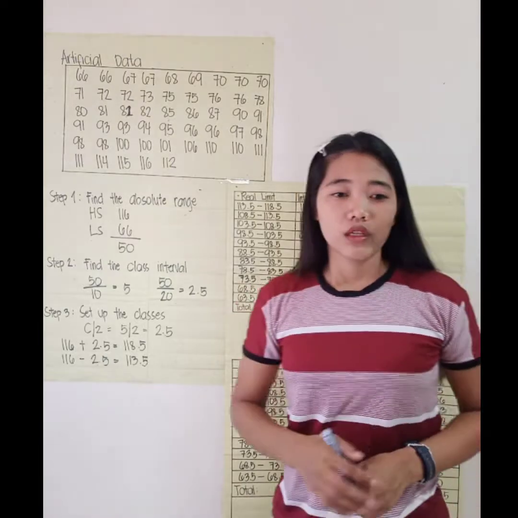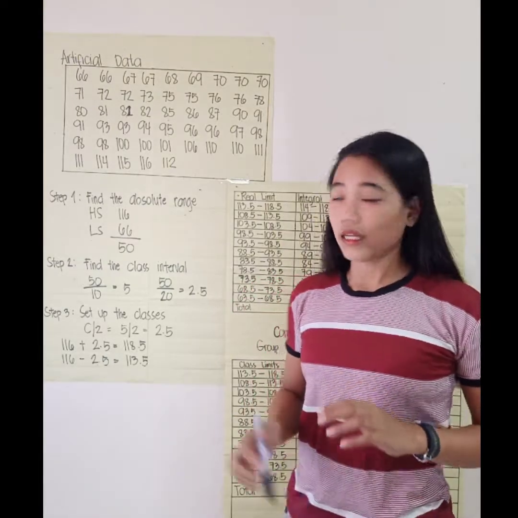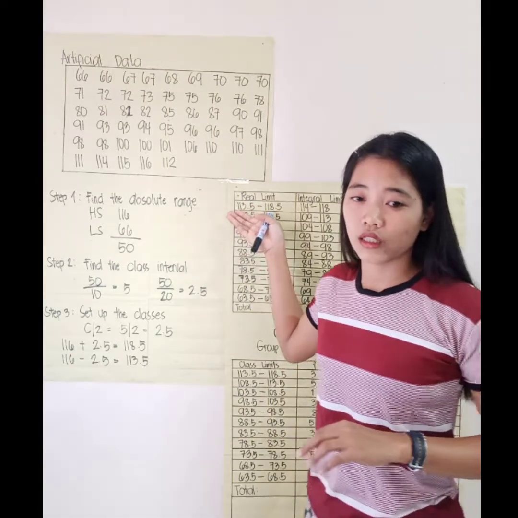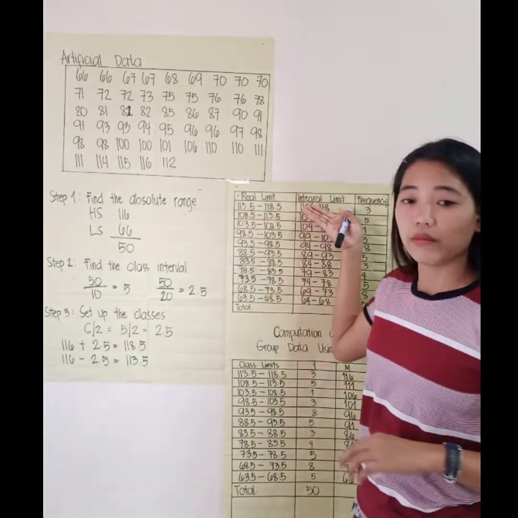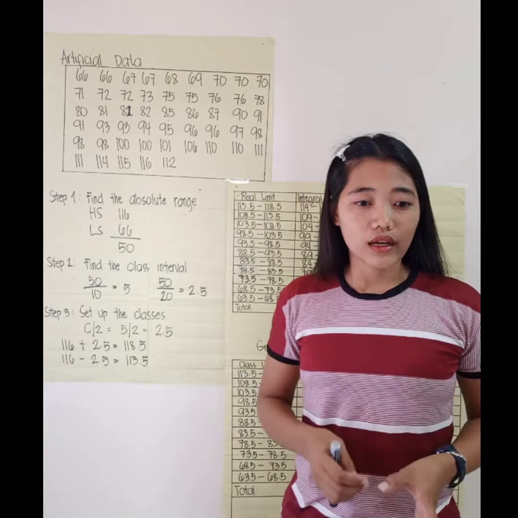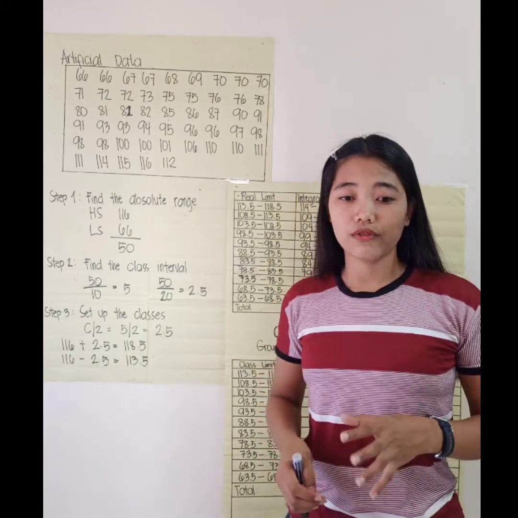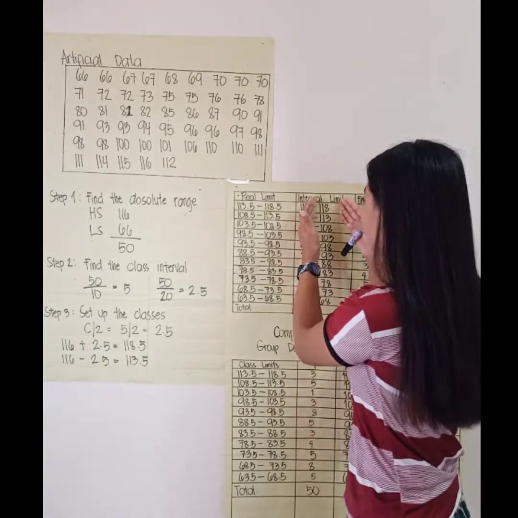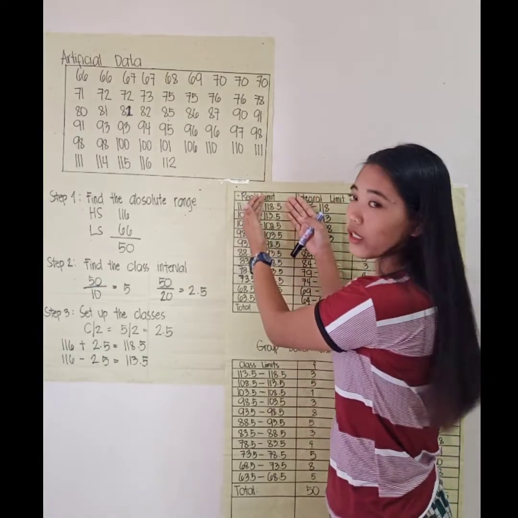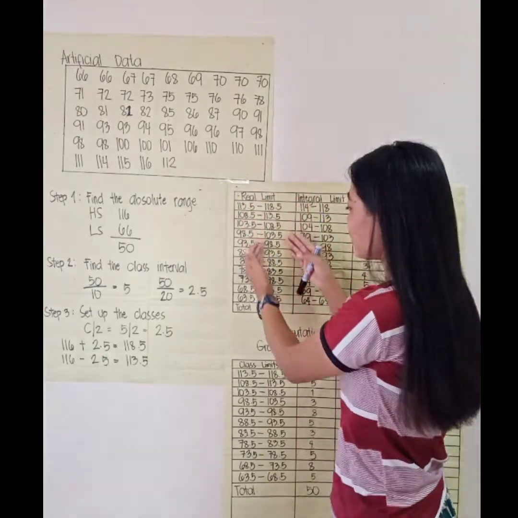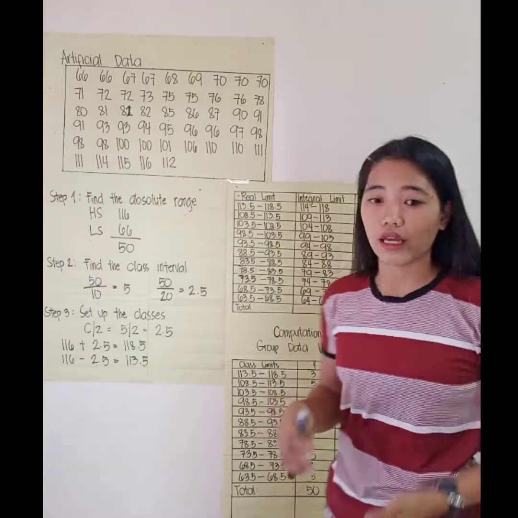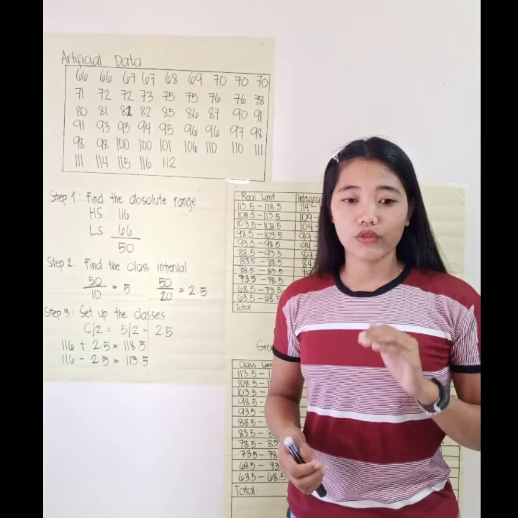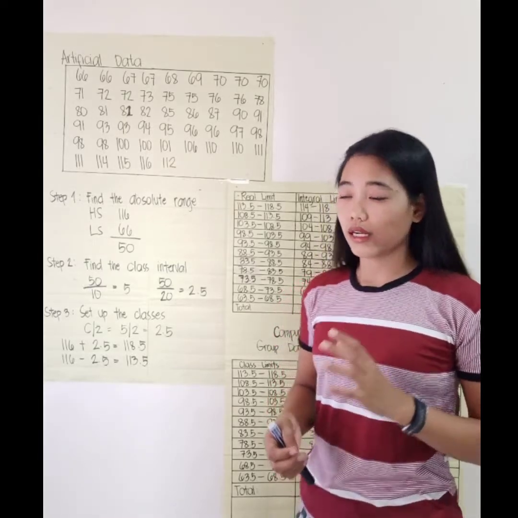To convert the real limit to the integral limit, subtract 0.5 from the upper class limit and add 0.5 to the lower class limit.